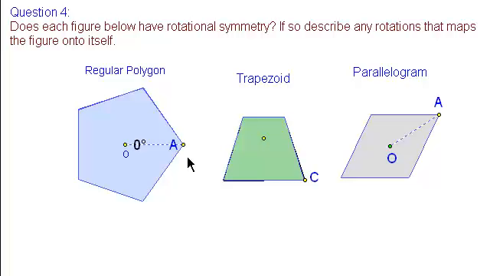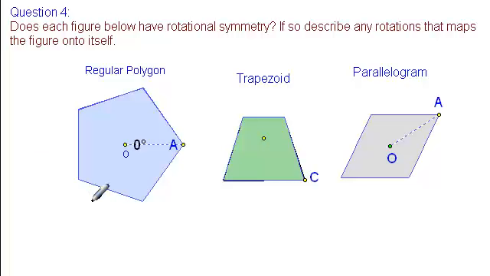To find the rotational symmetry of any regular polygon, we can use a formula.